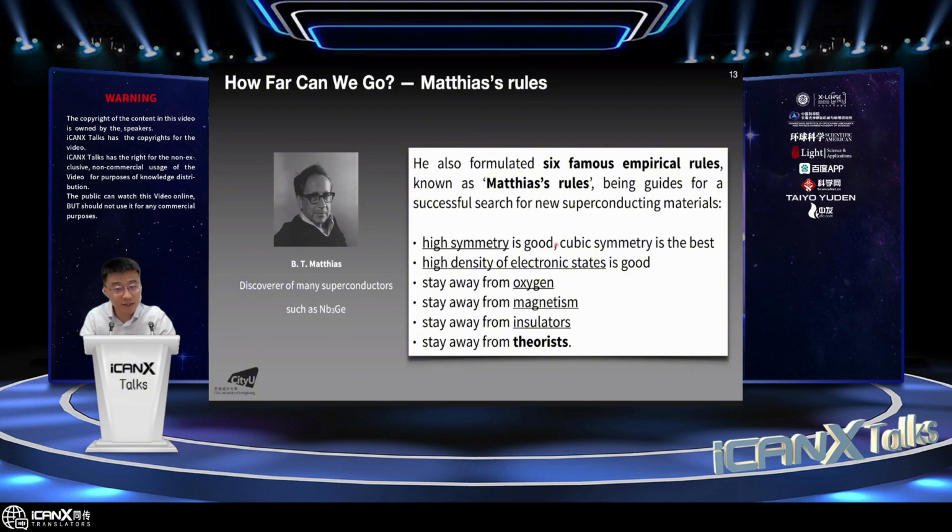And high density of electronic states is good. For physicists, we know that if the density of states is high, it's good for superconductivity. And stay away from oxygen, stay away from magnetism, because magnetism, in principle, can kill superconductivity.